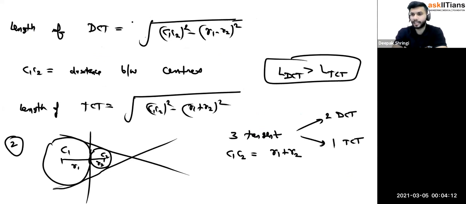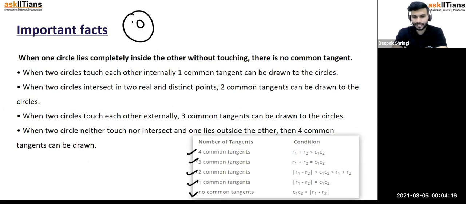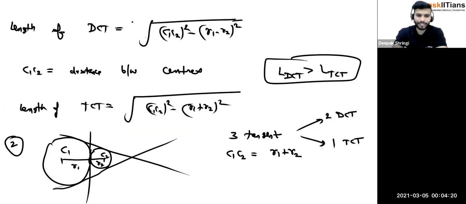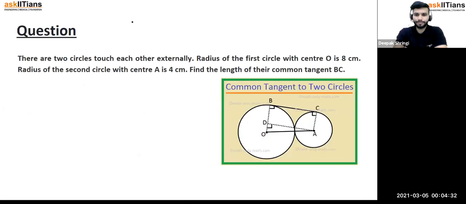Look at this. They are touching each other externally, and we have 3 tangents, right? The last one says that when two circles neither touch nor intersect and one lies outside the other, 4 tangents. Part number 1, the circles are not touching, not cutting, and not lying inside. In fact, they are completely outside of each other. In that case, we get 4 tangents, right? Got that part now, everyone?